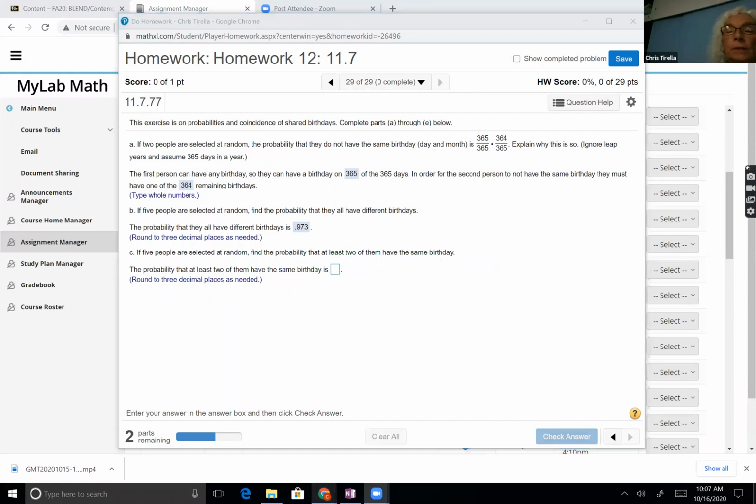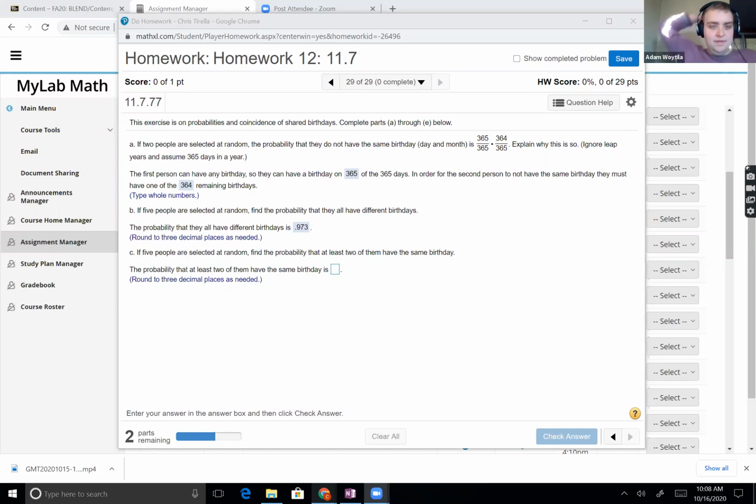If 5 people are selected at random, find the probability that at least 2 have the same birthday. For at least 2 of them to have the same birthday, that means 2 or 3 or 4 or 5 of them have the same birthday. Isn't that the complement of each of them having a different birthday?